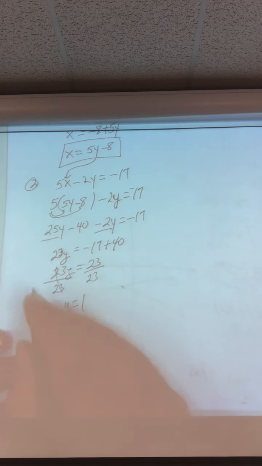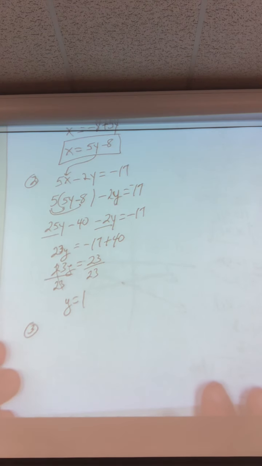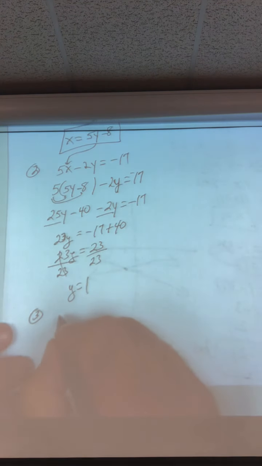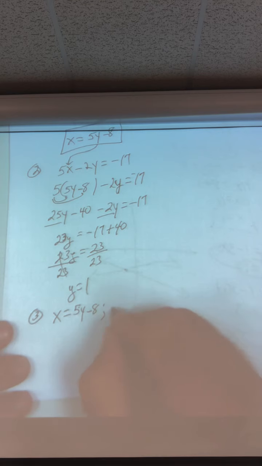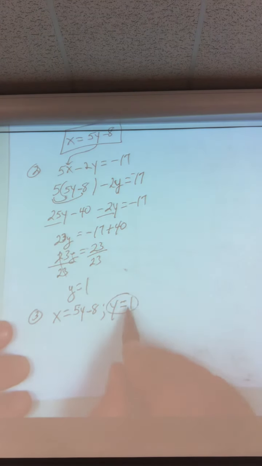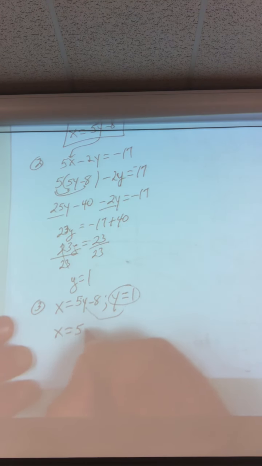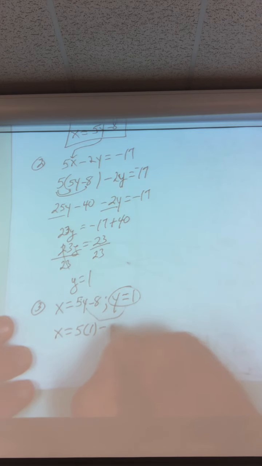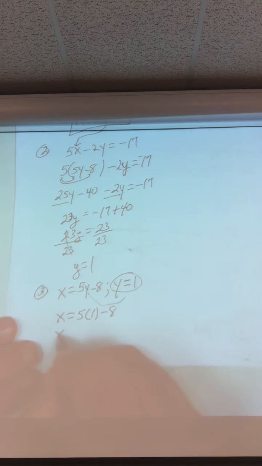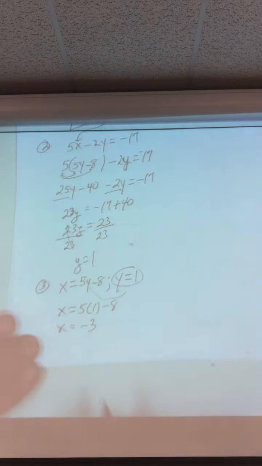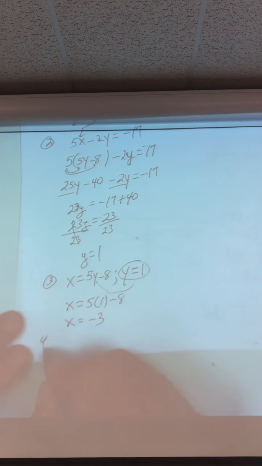All right, let's look at step 3. Step 3 says take the results from step 1 and the results from step 2. So we just found y to be 1, so put 1 right here. So I've got x equals 5 times 1 minus 8. So that would be 5 minus 8, which is negative 3.